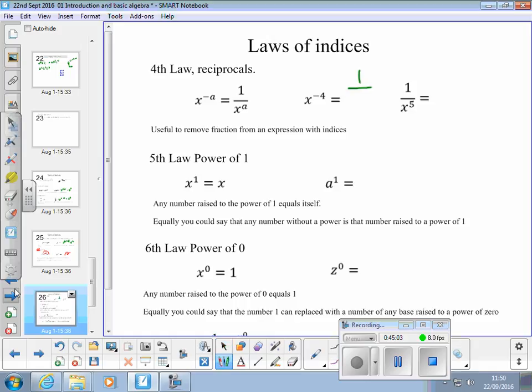We'd write that as 1 over x to the power of 4. Again, later on, we're going to need expressions without fractions in them. So we might want to get something that's down the bottom up to the top. If we've got this expression, 1 over x to the 4, we need it in that form. So we bring the x to the 4 up the top and change the sign. 1 over x to the 5 is equal to x to the minus 5.